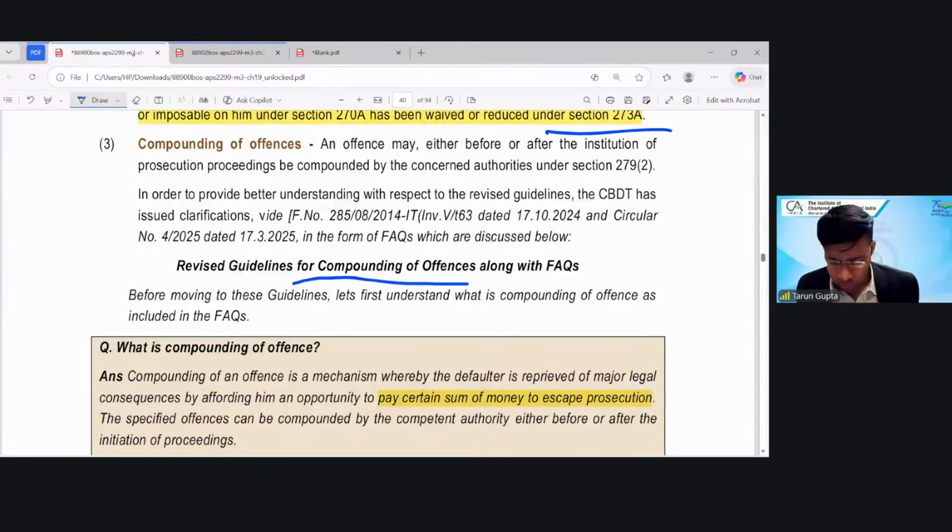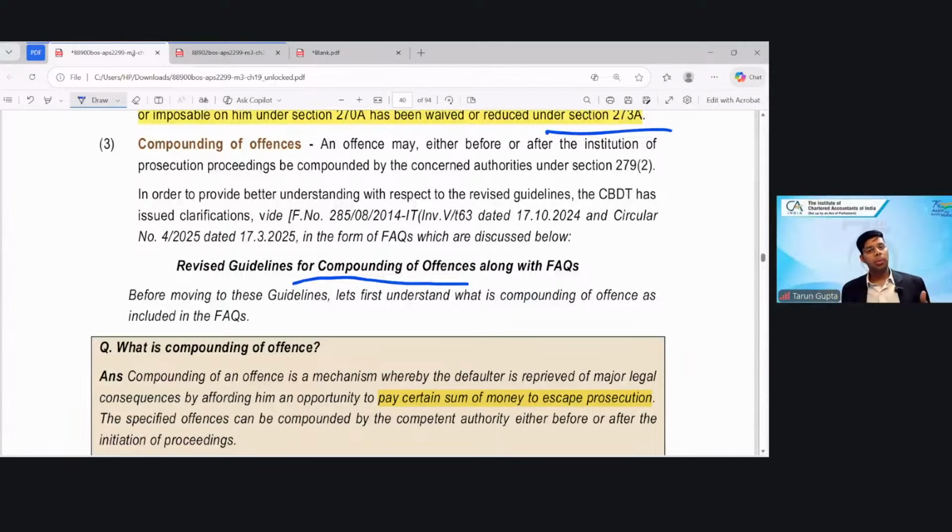What do you mean by compounding of offense? Compounding offense means instead of sending the person to jail, the government may compound the offense. Compound the offense means the government may ask the person to pay some amount. In lieu of that, he will not be required to go to jail.